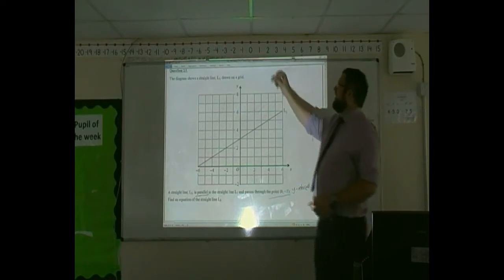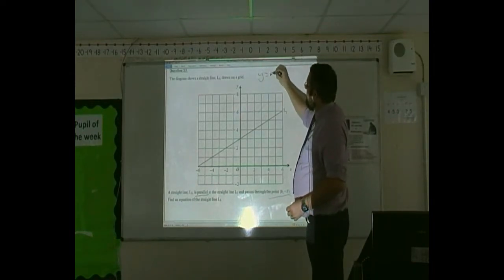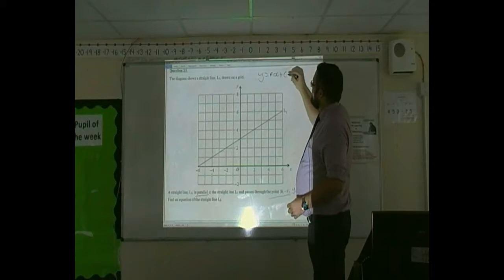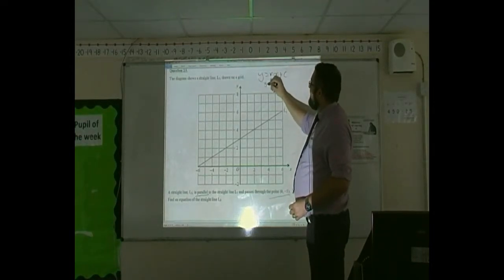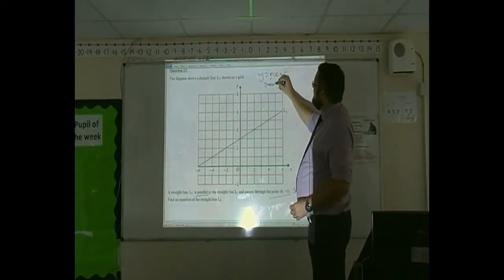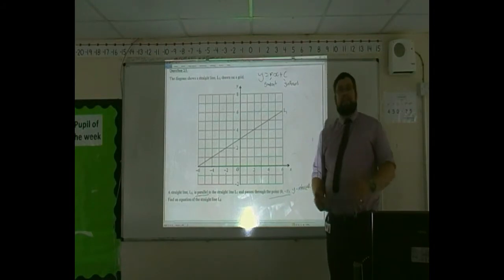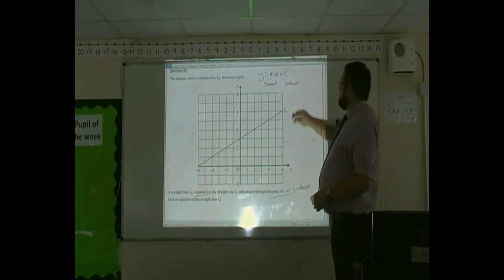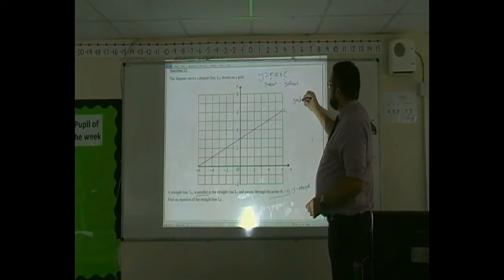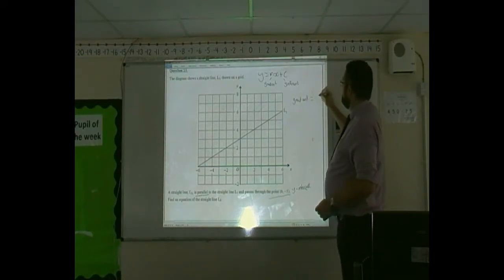To find the equation of a line, remember the equation of a line we want in the form y equals mx plus c, where m is the gradient and c is the y-intercept. We also need to remember how to calculate the gradient, which is found by dividing the change in y by the change in x.